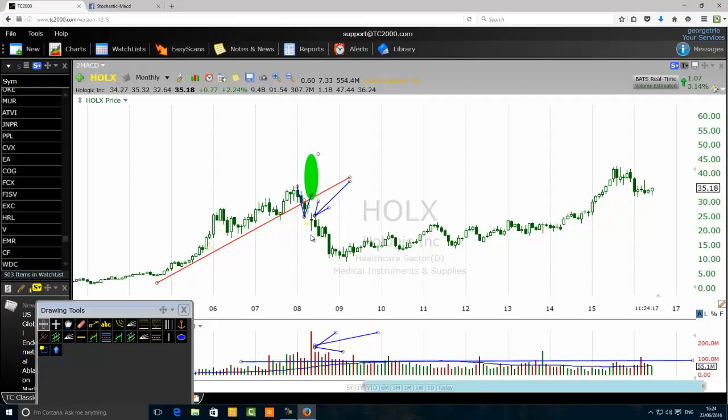Price went down and formed this doji with a volume spike. The takeaway today is this: when we see a doji candlestick bar and a volume spike, we will wait for the next candlestick bar.